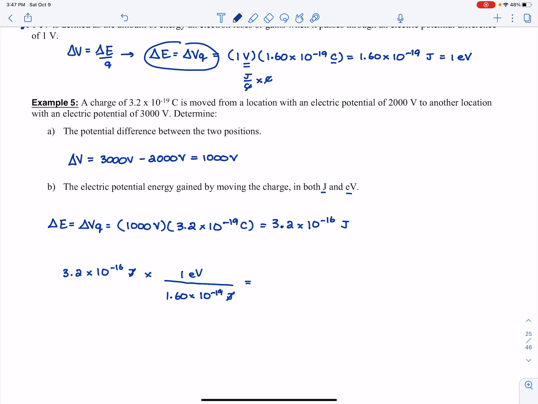Now when I put this in my calculator, I really just typed in 3.2 times 10 to the negative 16 divided by 1.6 times 10 to the negative 19, because that's the same thing as multiplying by 1 over that number. And this gave me 2,000 electron volts. And if I round that just to have the right number of significant digits, that's going to be 2 times 10 to the 3 electron volts.